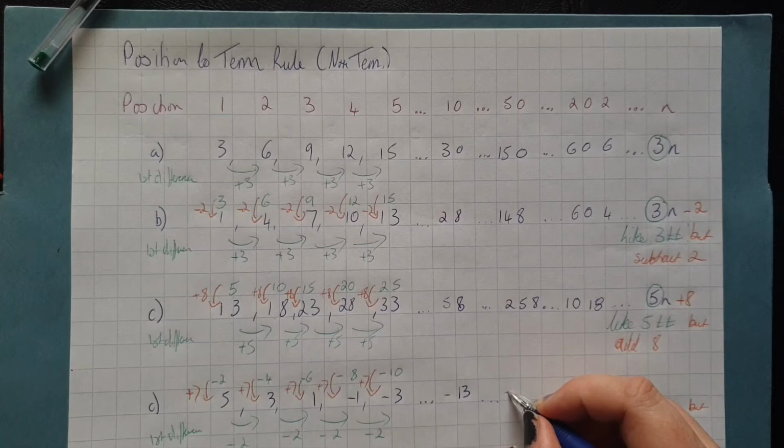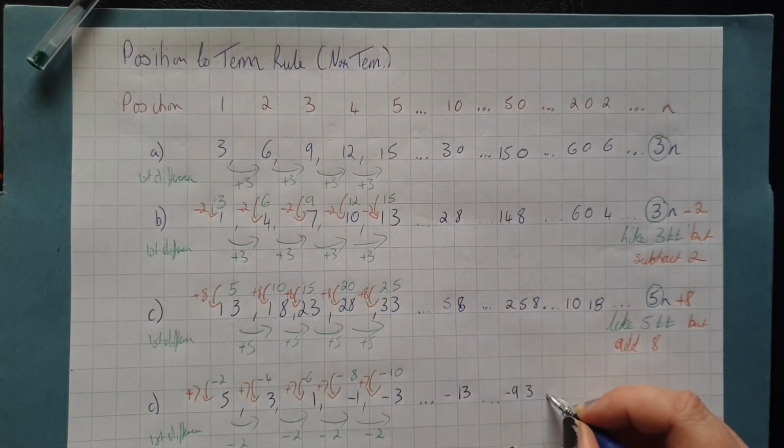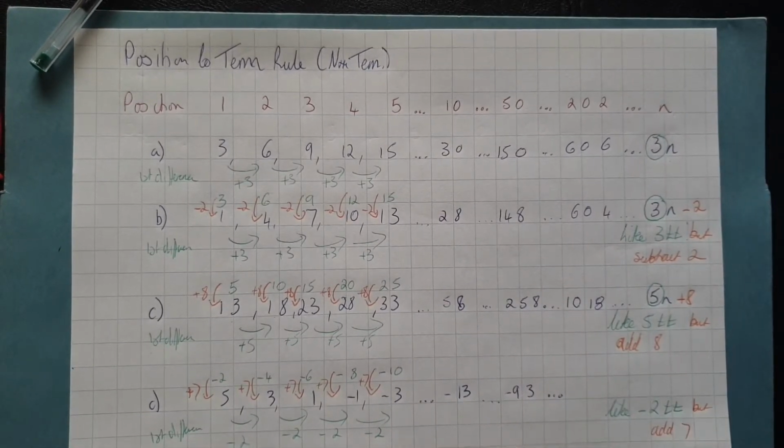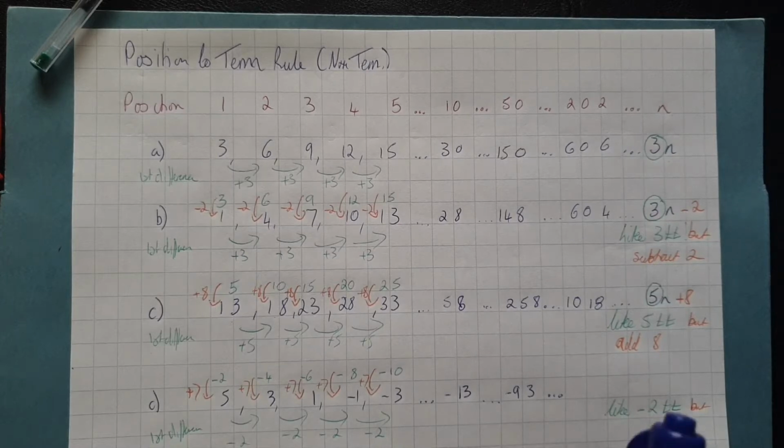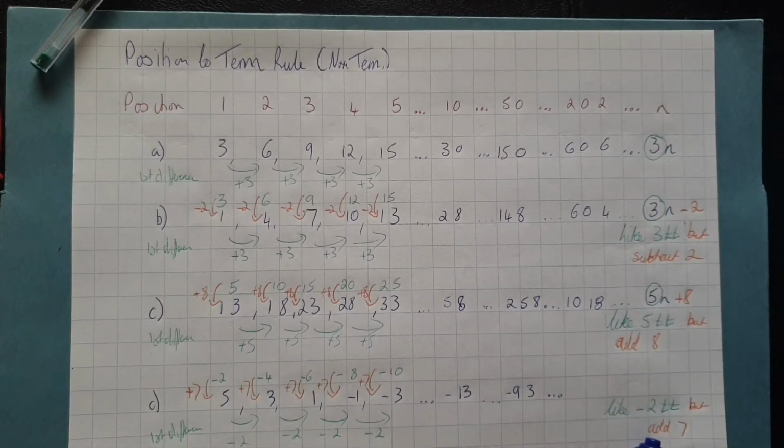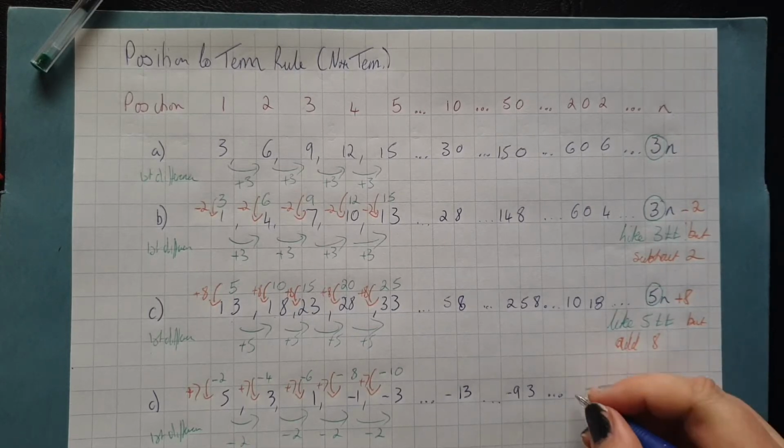Adding 7 is negative 93. 202 times negative 2 is minus 404. Add 7 is minus 397.